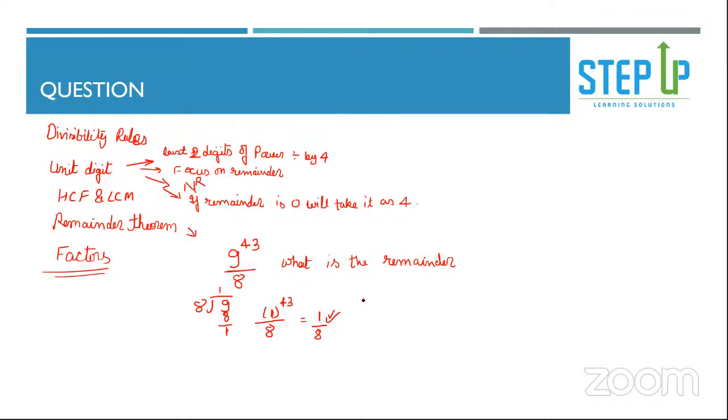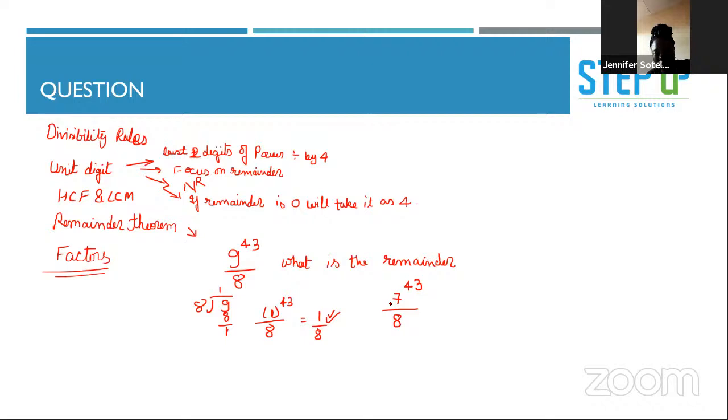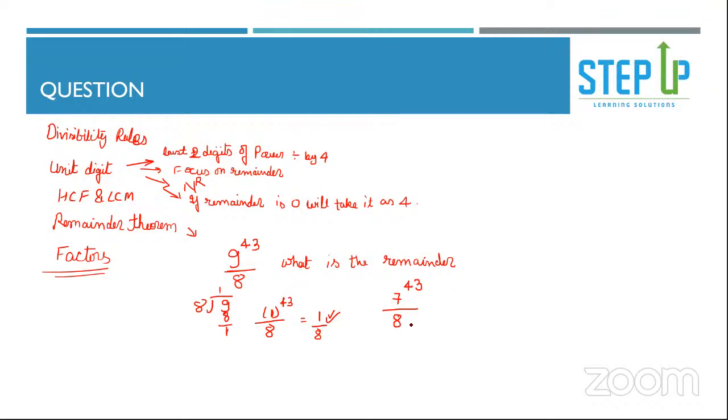Now, if the question is, instead of 9 to the power 43, 7 to the power 43 by 8, what would be your remainder this time? It is 7. If we divide 7 by 8, your remainder will be 7 itself, or your remainder will be -1.